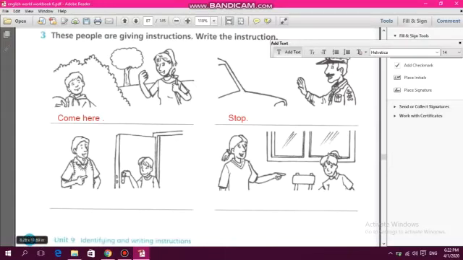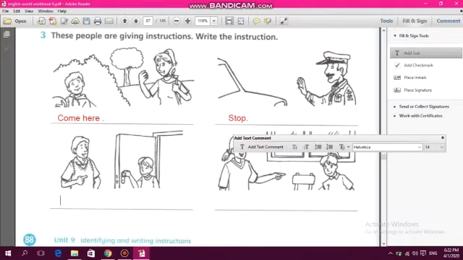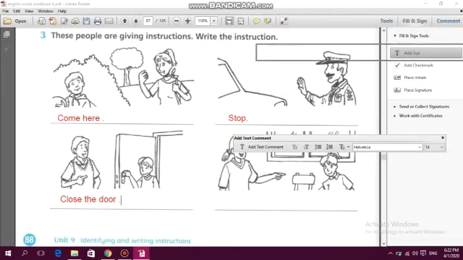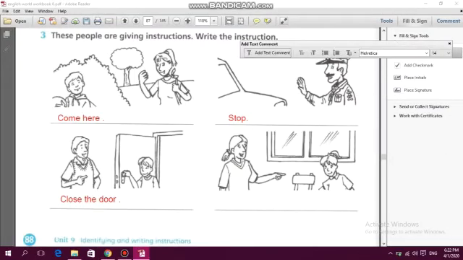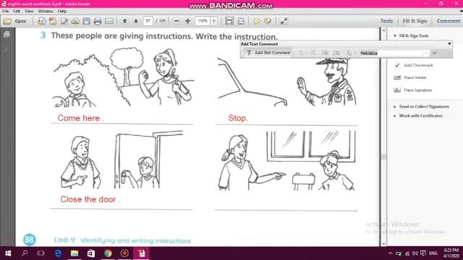So he's saying for the boy, for example, close the door. Very simple. And here the last one, it looks like a teacher maybe, or a girl, for example, and here this child, she is doing something in her hand for the child, and here is a chair. So she's saying for the girl, sit down.